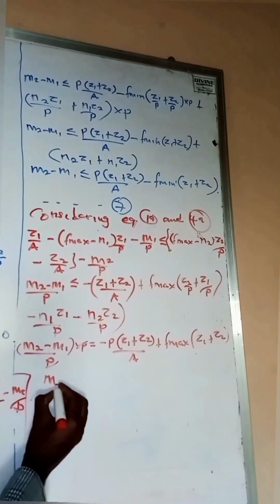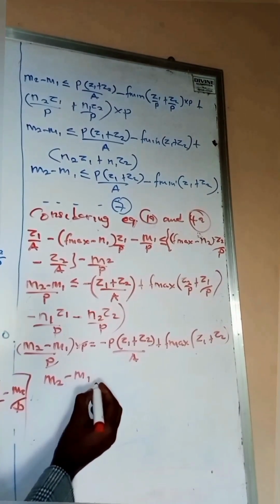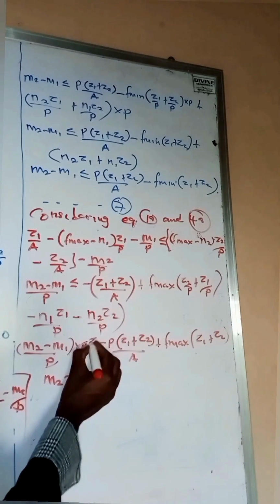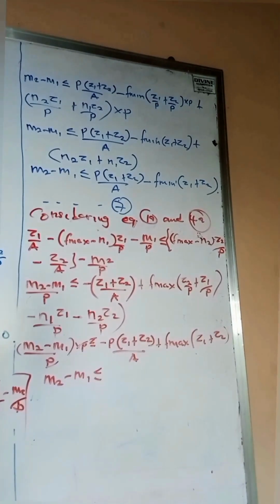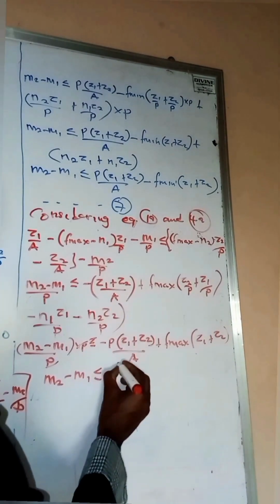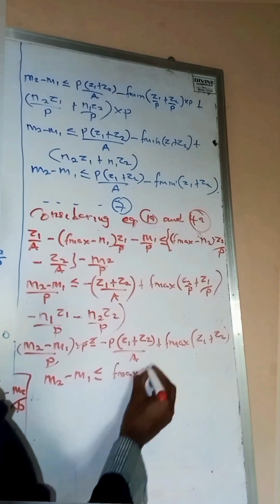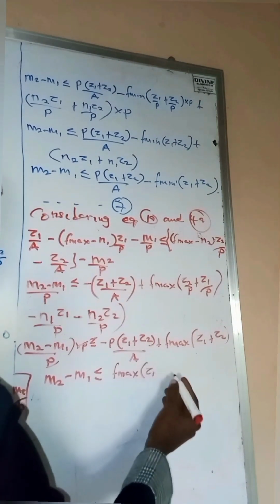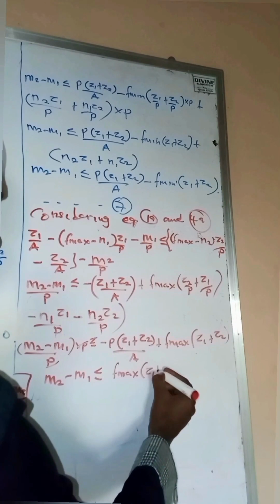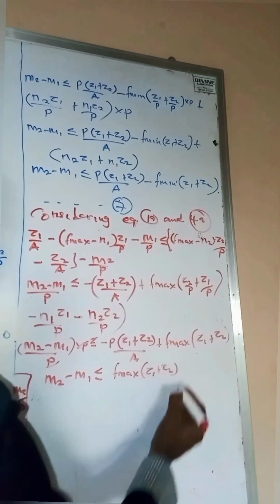We'll have m2 minus m1 less than or equal to f maximum z1 plus z2.